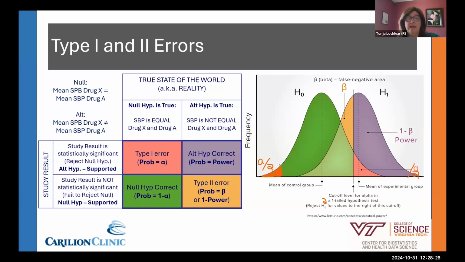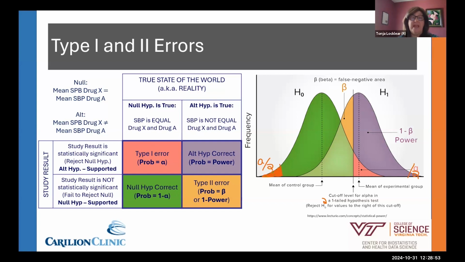In our type 2 error, this is where we believe the null hypothesis is supported, but the alternate hypothesis is actually true and there is a statistically significant difference. What ends up happening is that's 1 minus power. This is going to be our beta. So if this is 80% power, this is 20%.